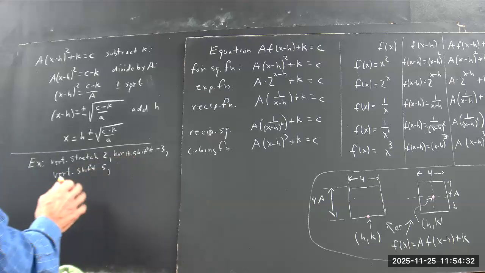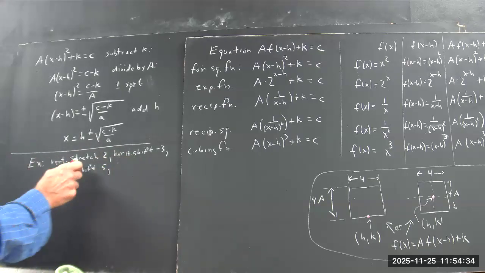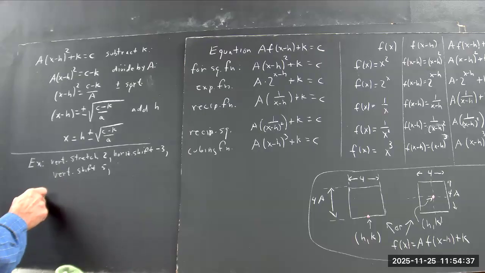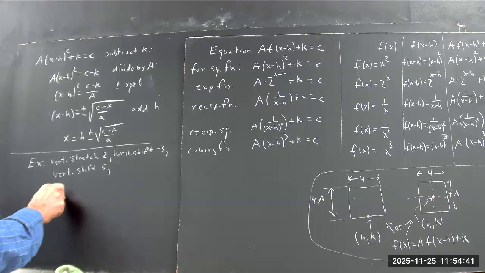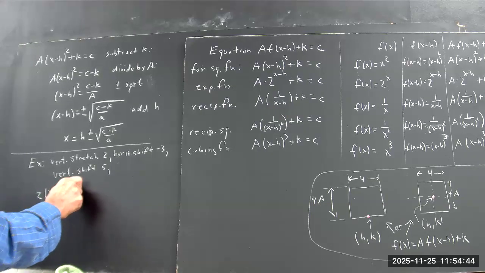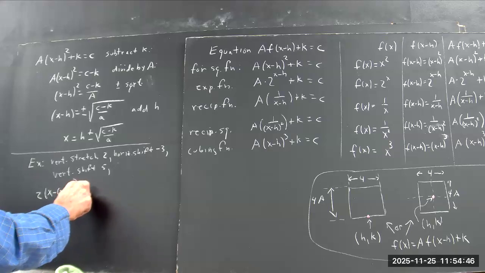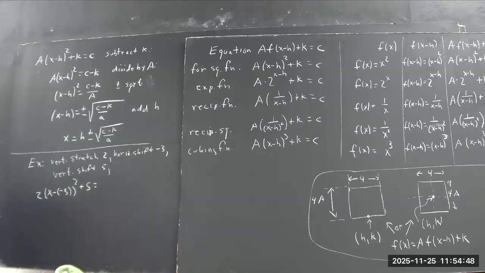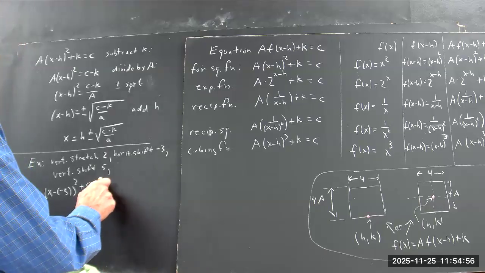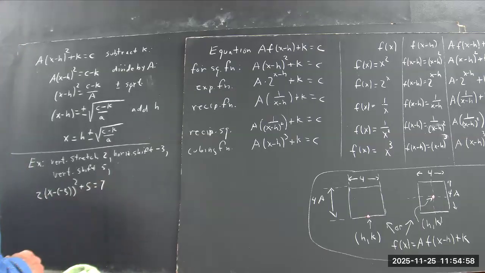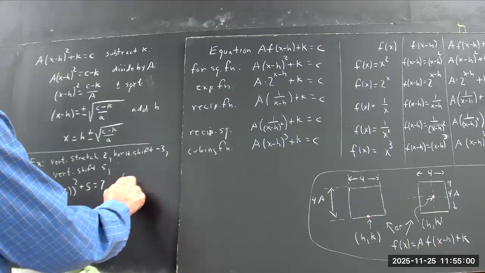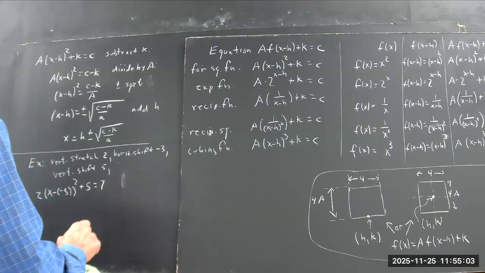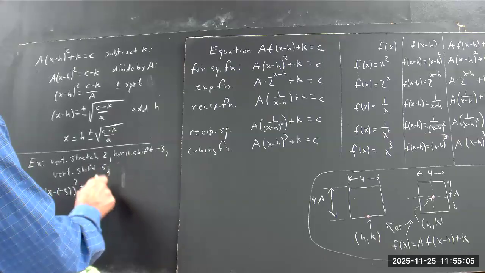I wanted to write what c equals here, but that's not a general thing, so I hesitated. I'm just simply going to write this out. What we get then is 2 times the quantity x minus -3 squared plus 5 equals whatever number we want, maybe 7.